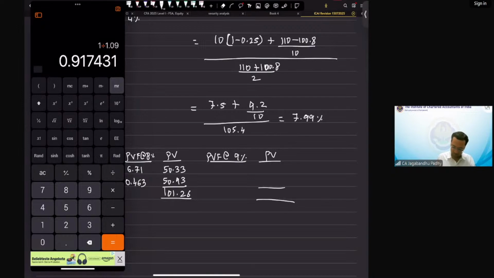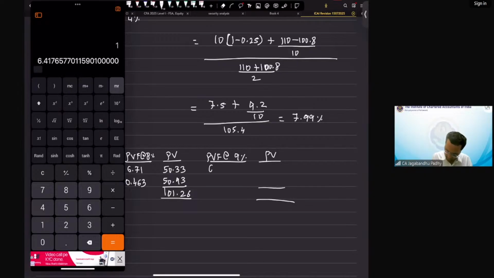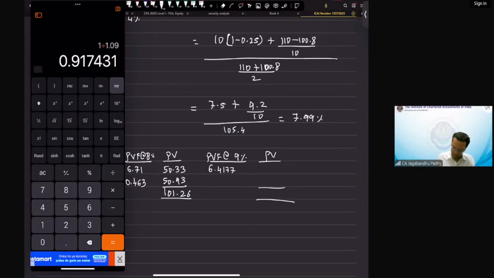This is for the first year, second year, third, fourth, fifth, sixth, seventh, eighth, ninth, 10th. Then we do the memory recall. This is 6.4177, and the last value was 1 divided by 1.09, 1, 2, 3, 4, 5, 6, 7, 8, 9, 10.